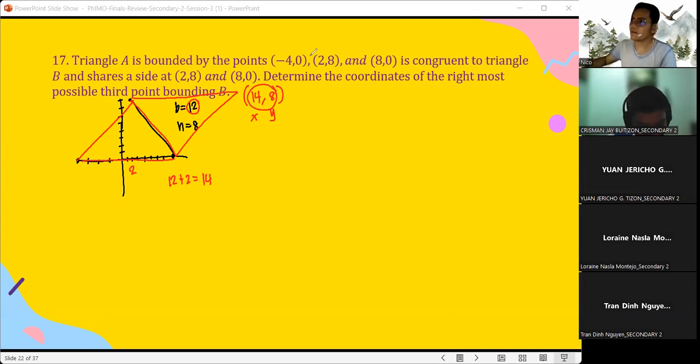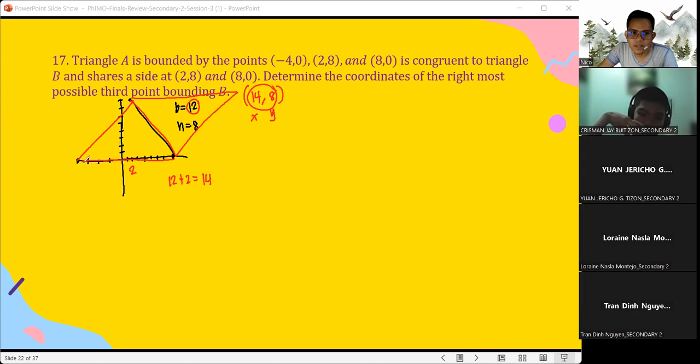I think you can. You can still find the same solution, but when it comes to scalene triangles, they have different sides already, right?